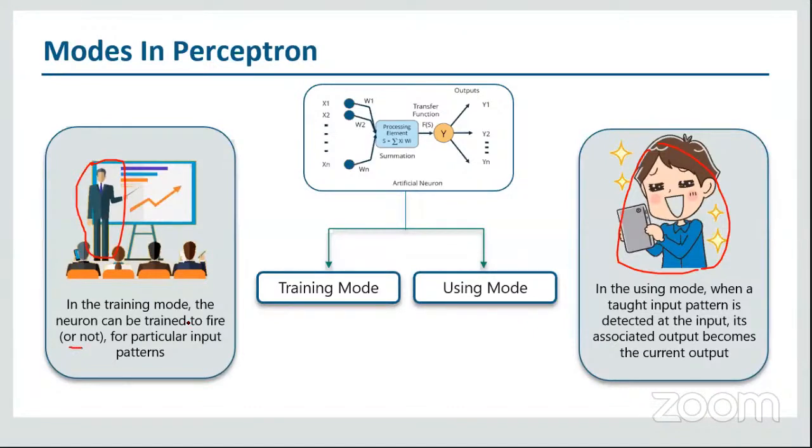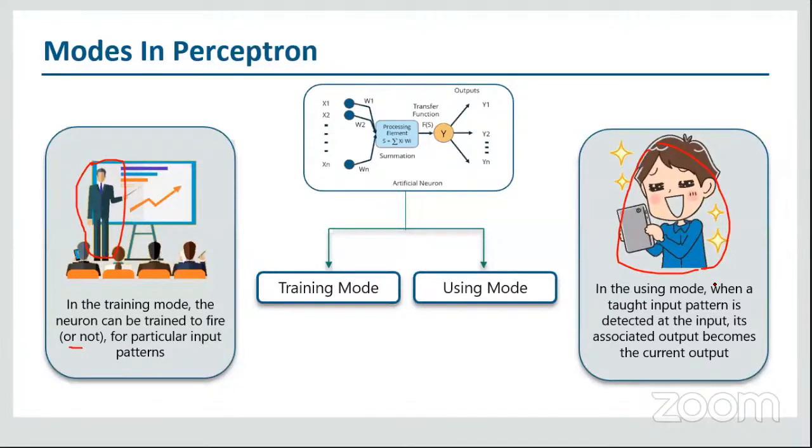So this is your training, this is your using. In the using mode, when a taught input pattern is detected as input, its associated output becomes the current output. If you look at any training, you are never told that these are all the facts which have to be considered to categorize a person as a male or a female.